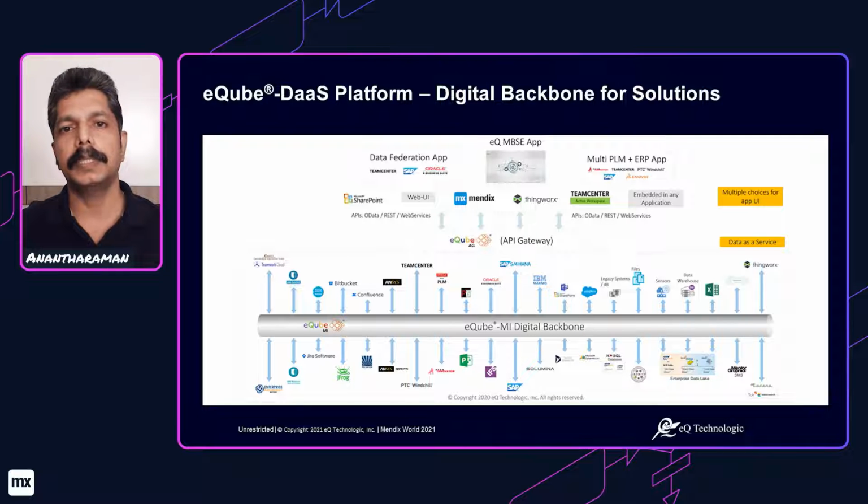I would like to bring certain facts about eCube connectors. There are 60 plus connectors which are already certified and released in the market. These connectors are API-based connectors and are loosely coupled, which means they can honor the source system security, and they are capable of loading the source system model even if it is customized.